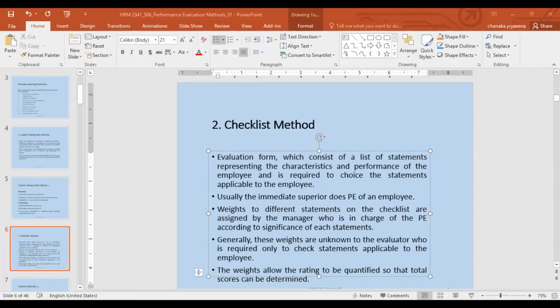Then 10%. The next is 25%. Likewise, we can put a weight on each statement. Finally, all the weights should add up: the total value of the weights should be equal to 100%.